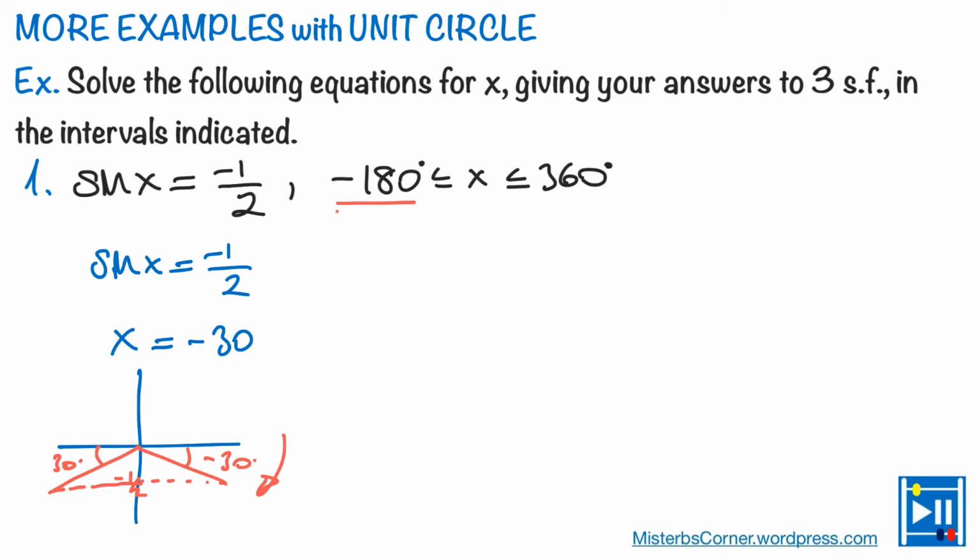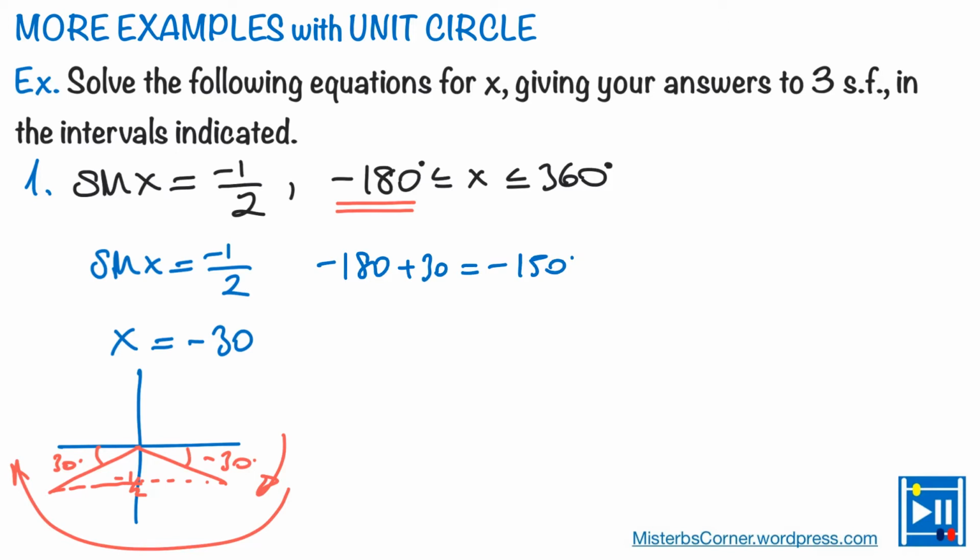As the interval starts from minus 180, which is all the way around here, it starts from here. So I can consider calculating the other x value to be minus 180 plus 30, which is minus 150 degrees.